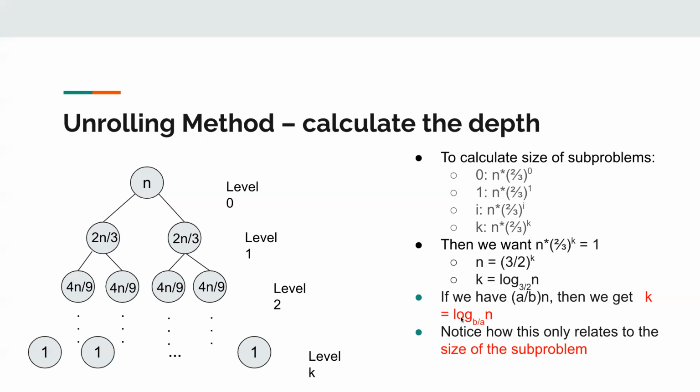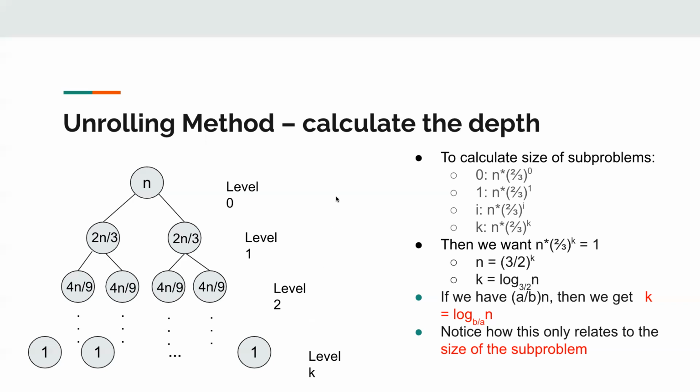One thing I want to bring up is to notice how this number of levels only relates to the size of subproblems. Say, as a very bad example, I divide a problem of size n into another problem of size n. Then this never ends, because you never get smaller.